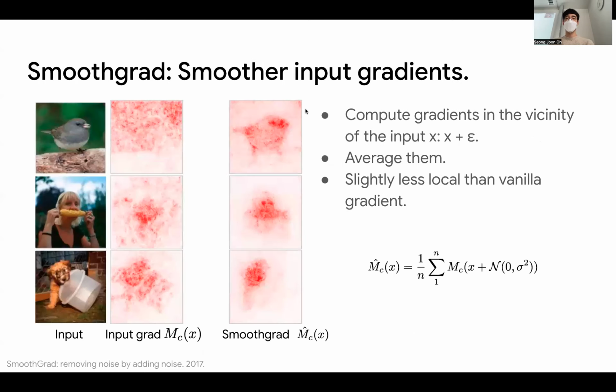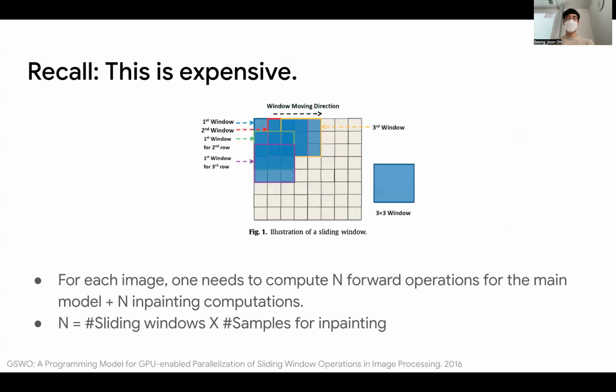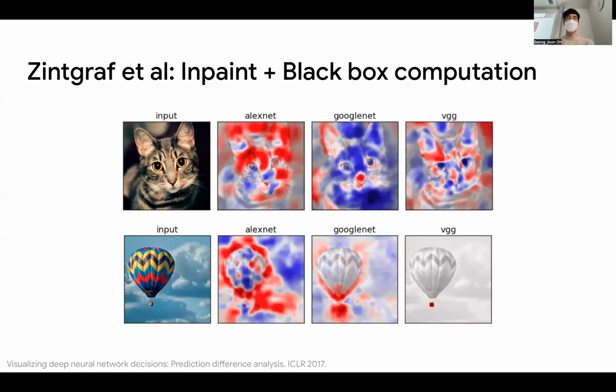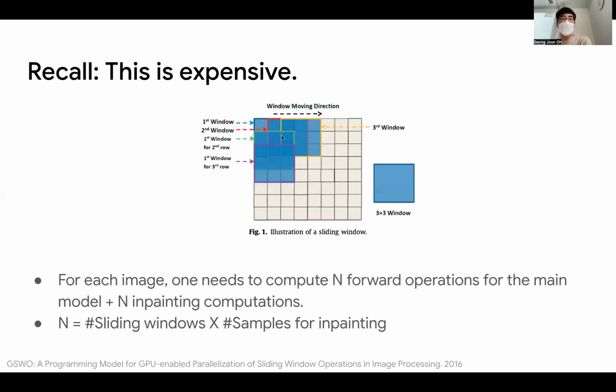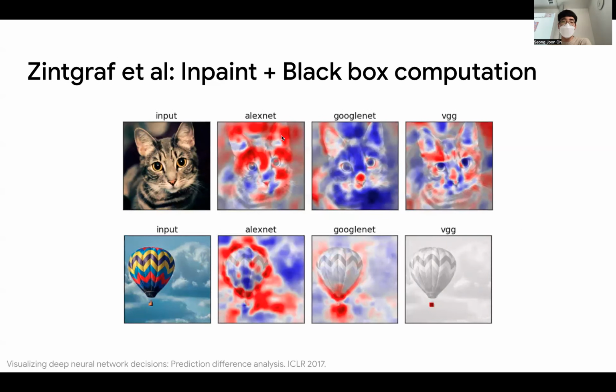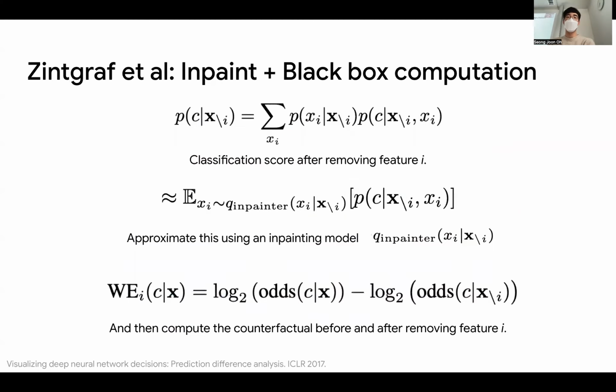I call it Zintgraf et al. because their method also has a name, but it's less well known. But I'm still including this one because I think this reflects the actual notion of counterfactual very well.